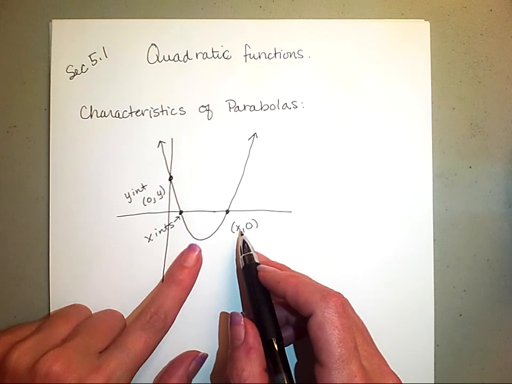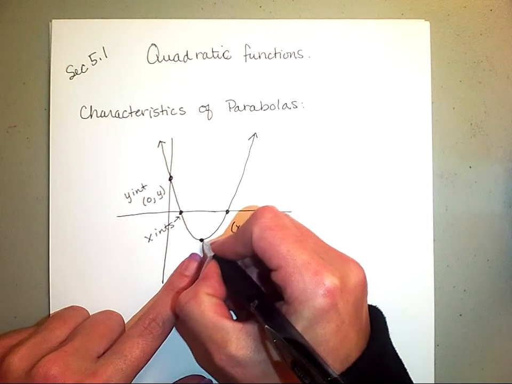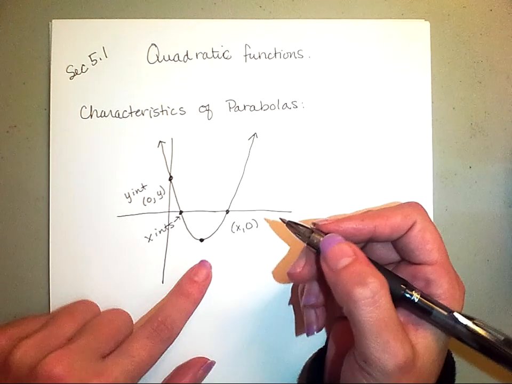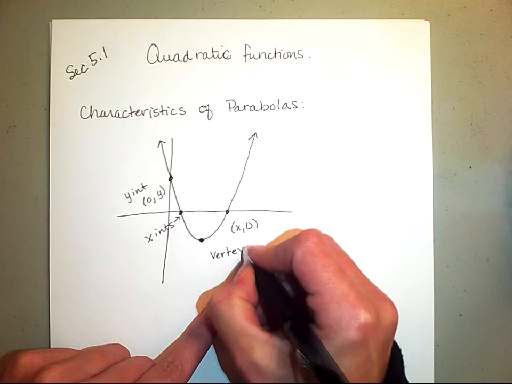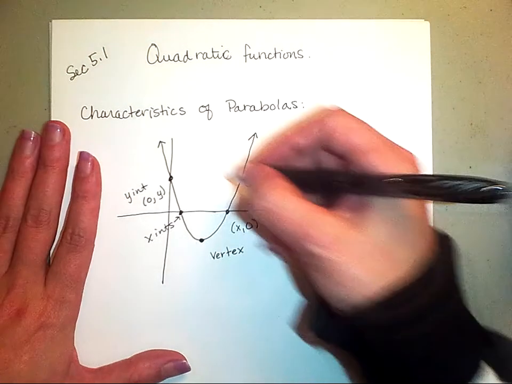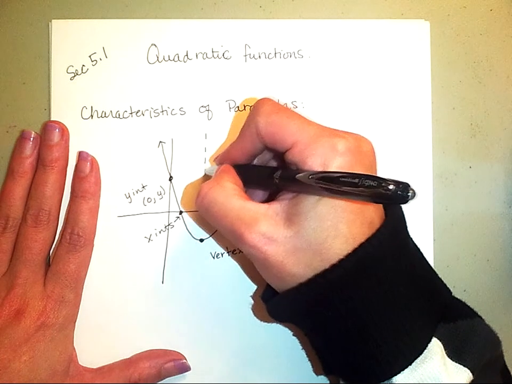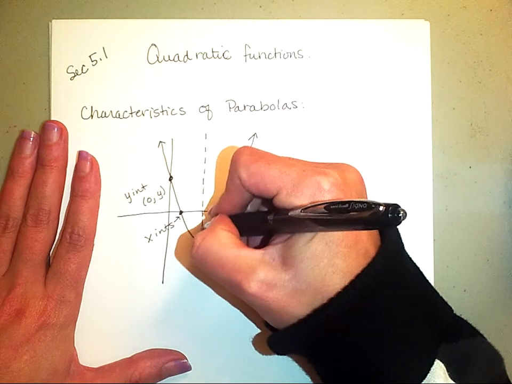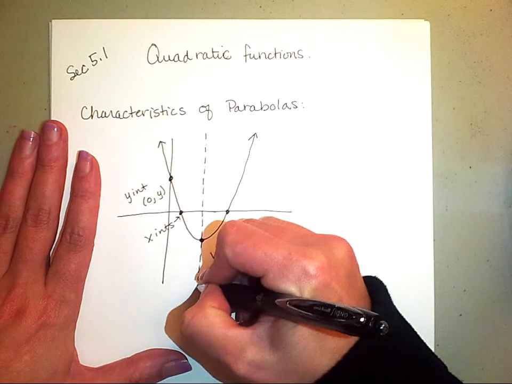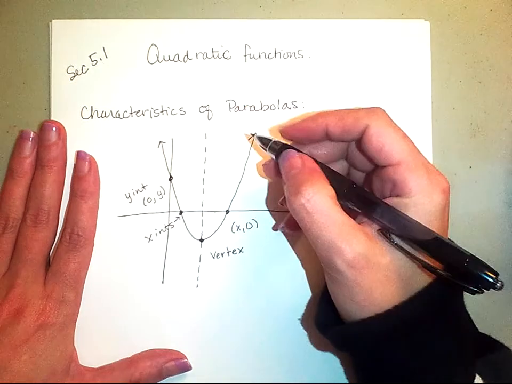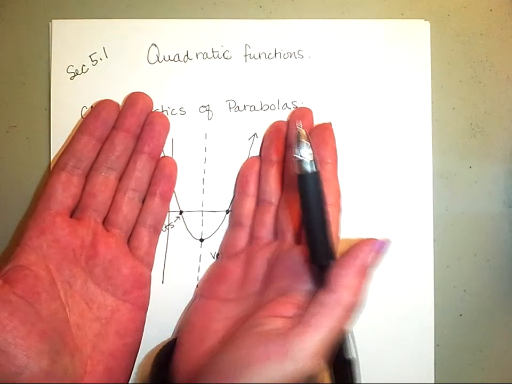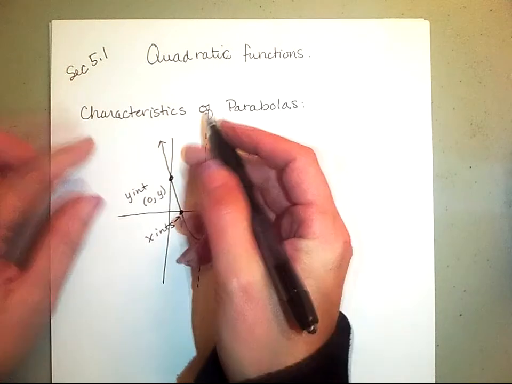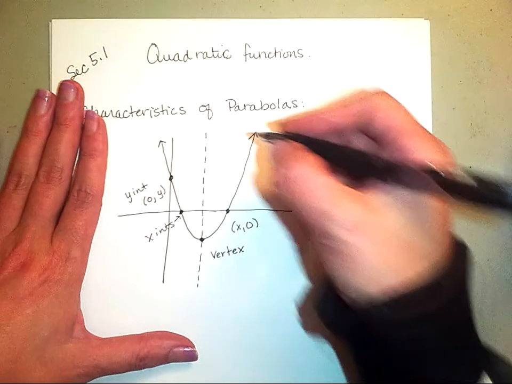Another important point on a parabola is either its lowest point or its highest point. That is known as its vertex. And then for any parabola, there is an imaginary line that goes through the middle of this. Because a parabola will exhibit symmetry over this line, that is, if you could fold the graph on that line, it would lay on top of itself.